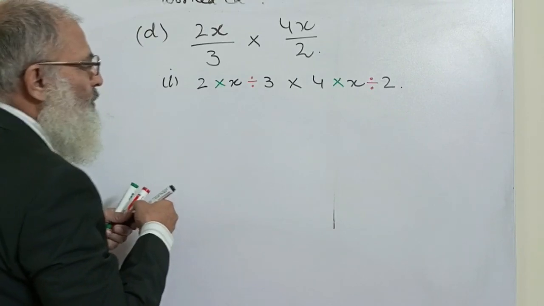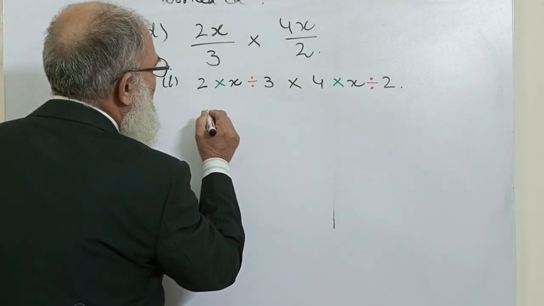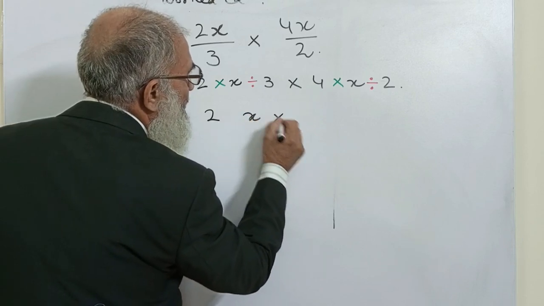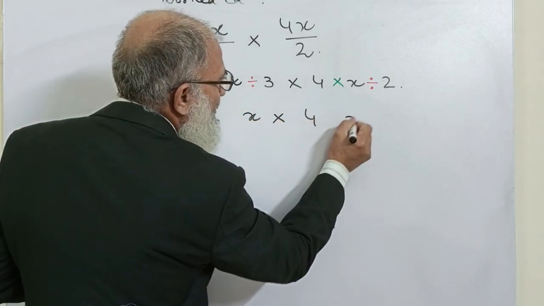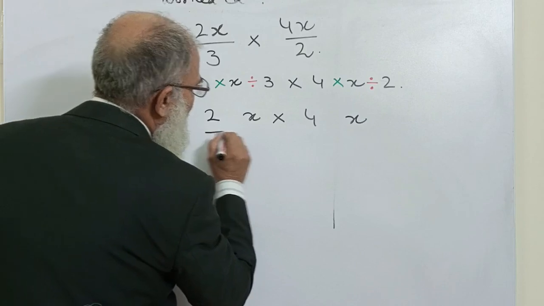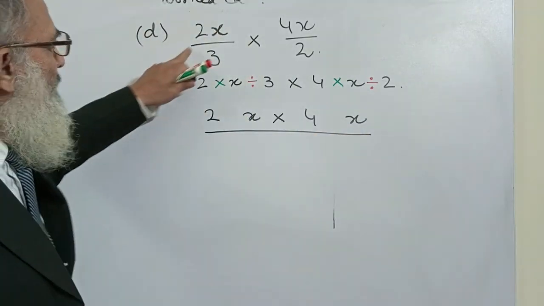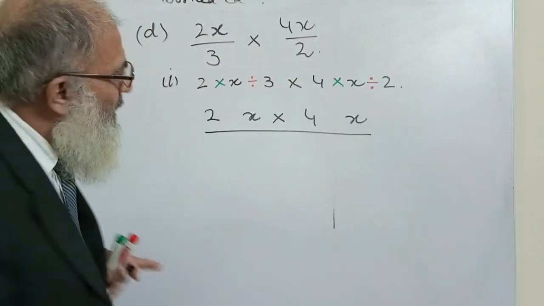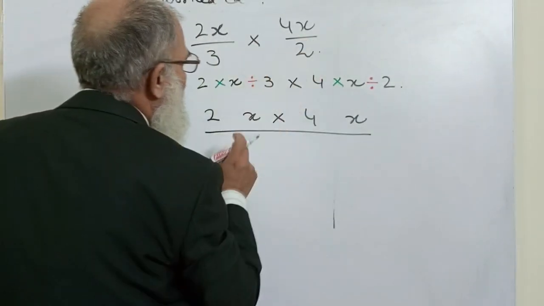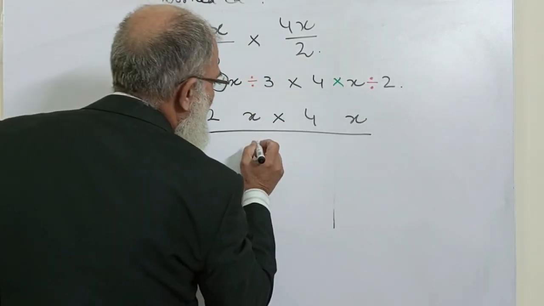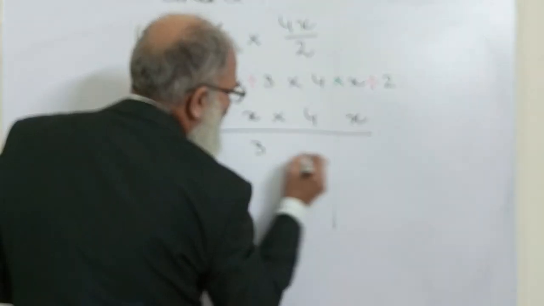So what we do is we write 2x and this is given 4x, and this will be one line now, one line instead of these two lines, because this is a multiplication sign, and 3 and 2.